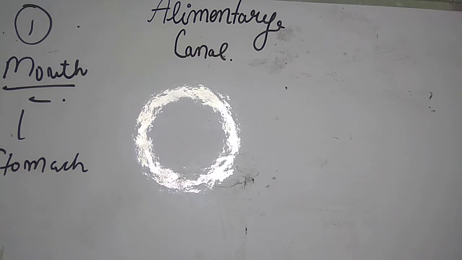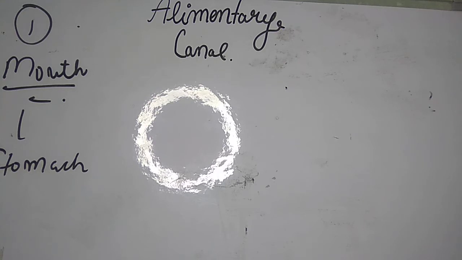It can damage our stomach's lining, so we have mucus which protects the stomach from this highly acidic medium. When the food enters the stomach, it mixes with the HCl and breaks into smaller pieces, and then it passes to the small intestine.